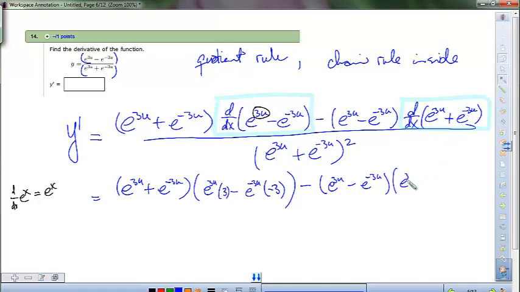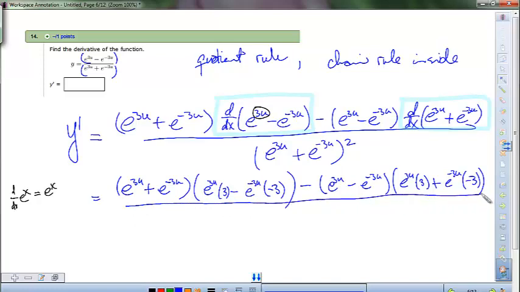So this is e to the 3u times the derivative of 3u by the chain rule, plus e to the negative 3u times the derivative of negative 3u, again by the chain rule. And this is all divided by the same denominator that didn't change, e to the 3u plus e to the negative 3u squared. Okay, and I think this is done.